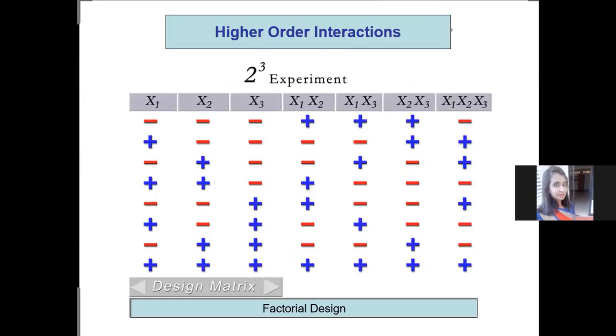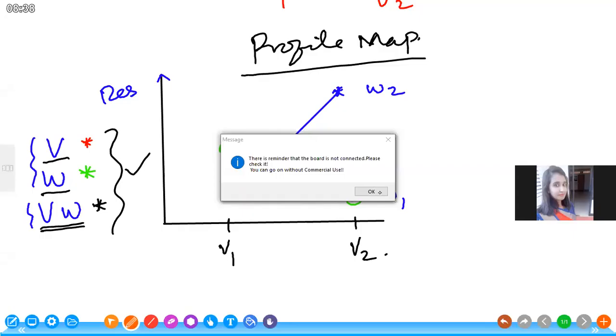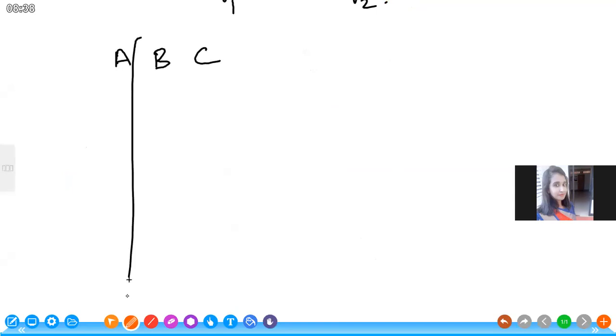For example, you can write down now 2 to the power 3 experiments, higher order interactions. So when you talk about higher order interactions, let's say we have 3 factors, right? Factor A, factor B, factor C, right?